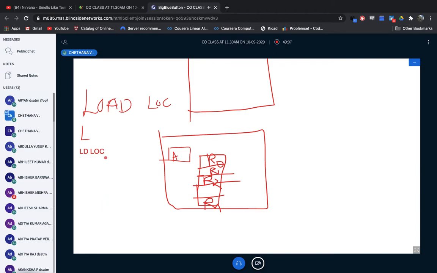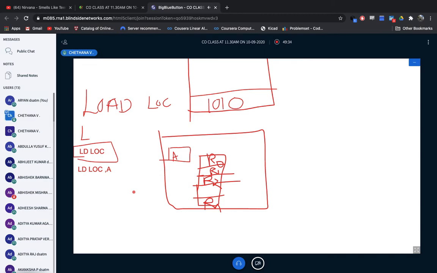Whenever I write LD LOC, in the LOC I'll be having data. What's my LOC data? 1010. LD means load from the location, that means access the data from the location. If my instruction is like this, by default it indicates directly: load LOC comma A, the accumulator. This is what I mean.